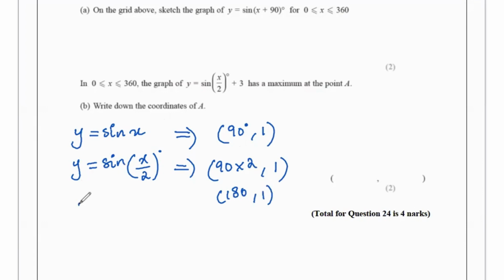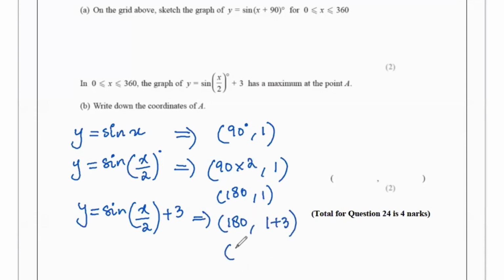Then we're adding 3 to the function. If we're adding something to the function, like we said before, you're moving it that many units up, which means 180 and 1 plus 3, which gives us 180 and 4. So if something is dividing the angle, you multiply the x coordinate by that.